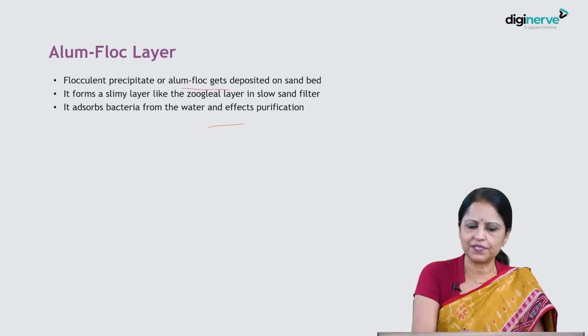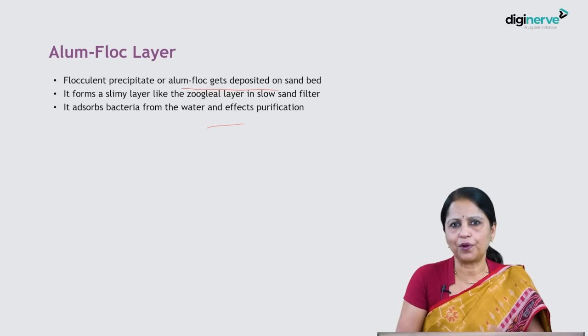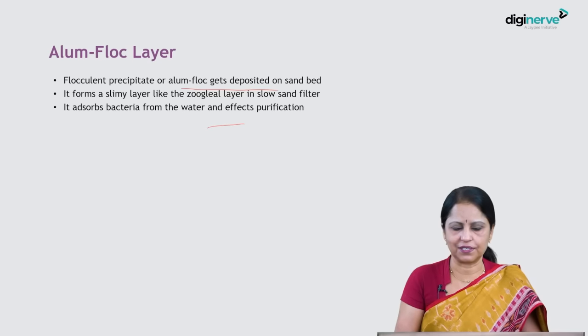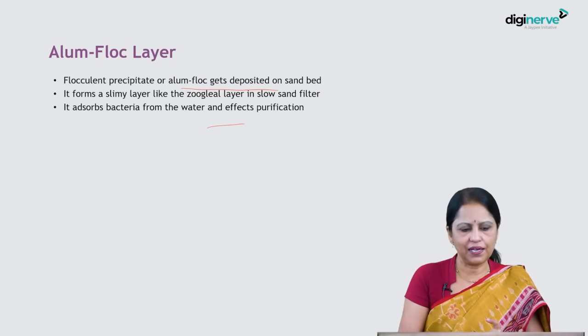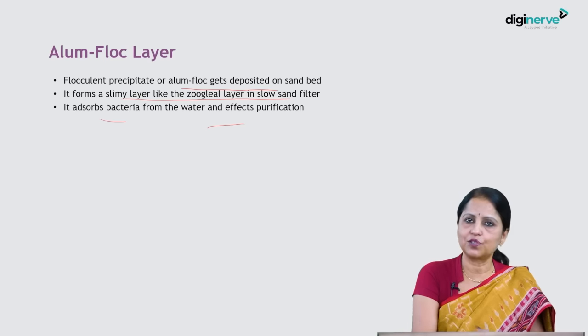The alum, the coagulant, reacts with the impurities and bacteria in the water and forms floccules as we discussed in the previous slide, and these get deposited on the sand bed and form a slimy layer like the zoogleal layer, and this absorbs the bacteria from the water, and this also affects purification.